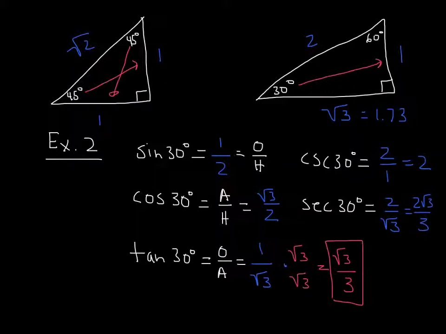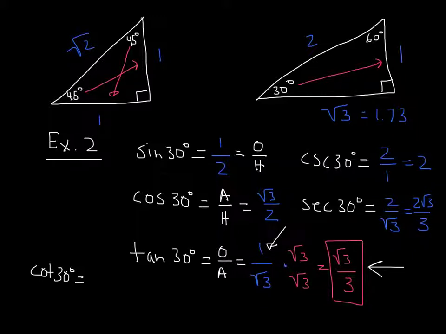And then the last one is going to be your cotangent. I ran out of space, so I'll do that over here. Cotangent of 30 degrees. Now, you may be thinking, okay, maybe I need to flip this one, root 3 over 3. I would recommend it's much easier to flip that one.